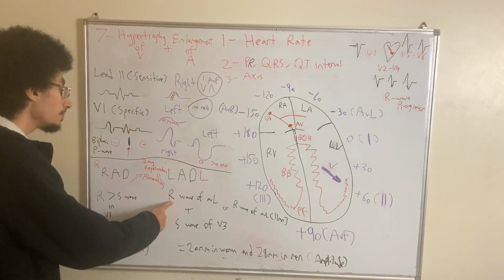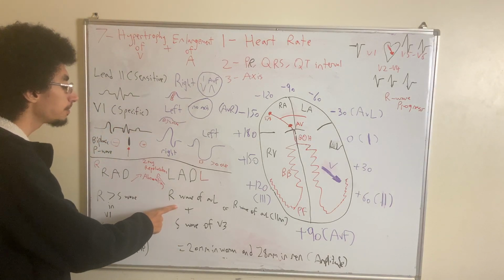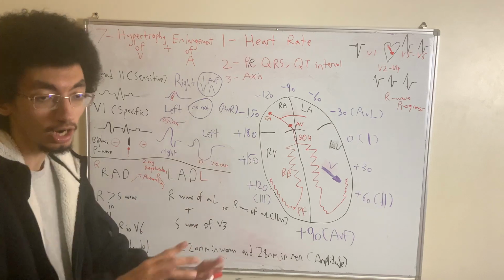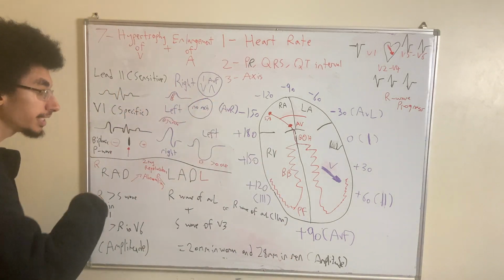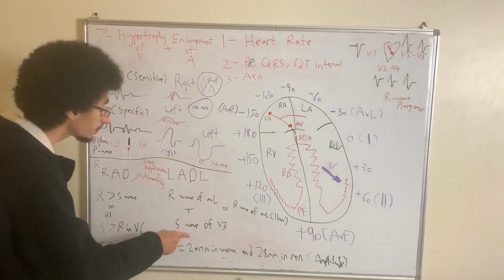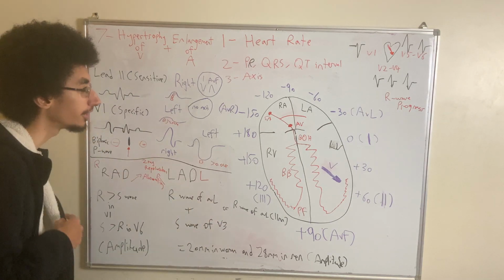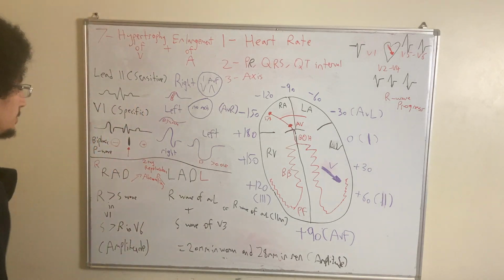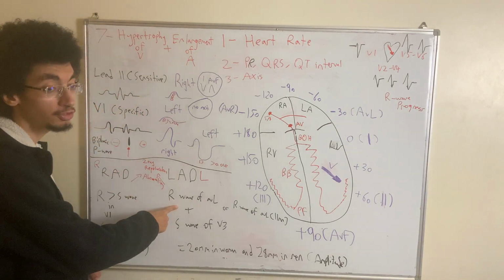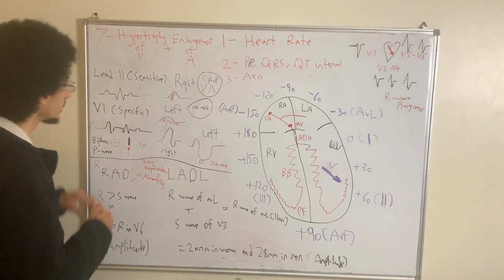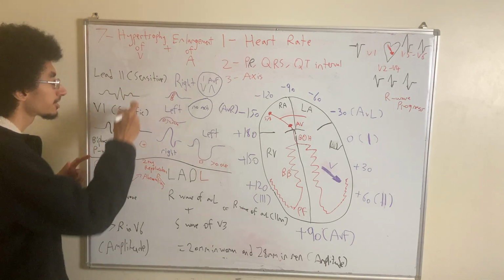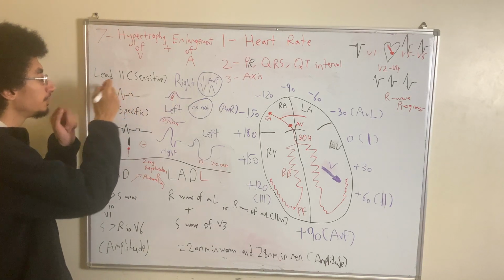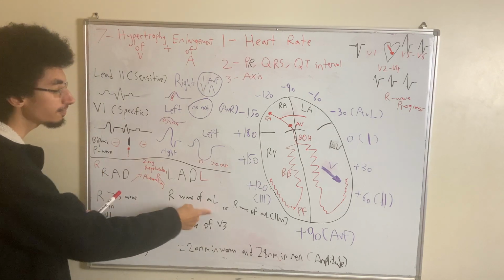Or I have another criteria. I could count the amplitude of the R wave of aVL and add it along with the S wave of V3. So let's say this is V3. I will count the amplitude of the R wave of aVL. Let's say, for example, this is 7 millimeters.